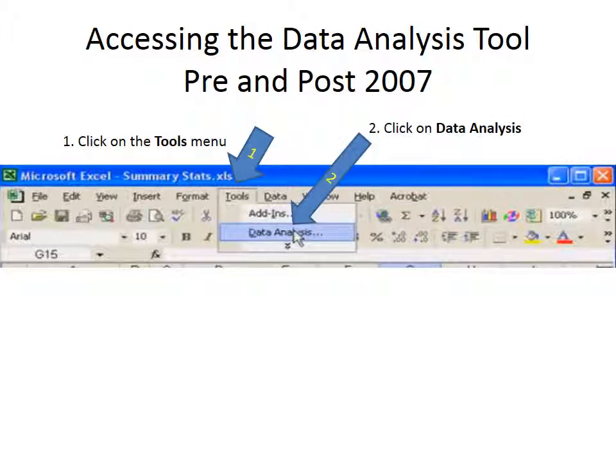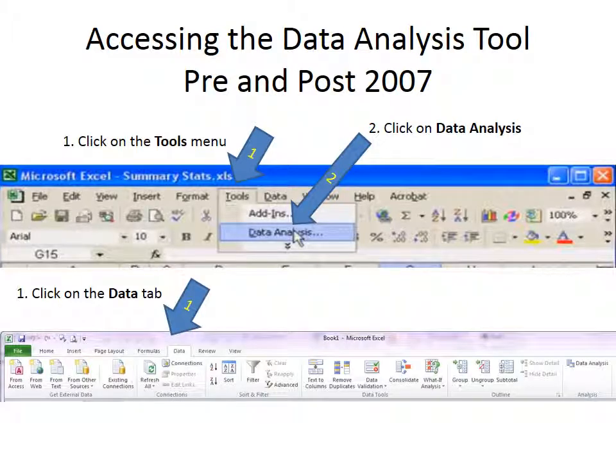However, on the 2010 version, and all other versions that come 2007 or later, instead you click on the Data tab, and then you go over to the Analysis group, and in the Analysis group you click on Data Analysis. So again, when the videos tell you to click on Tools and Data Analysis, you're going to have to remember, no, on your version you click on Data, then Data Analysis.